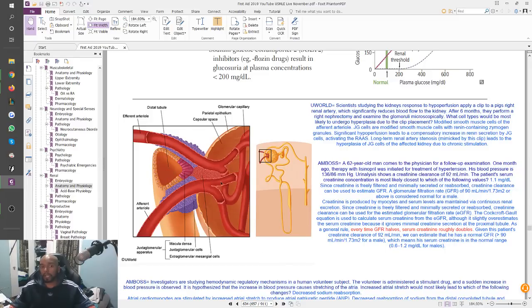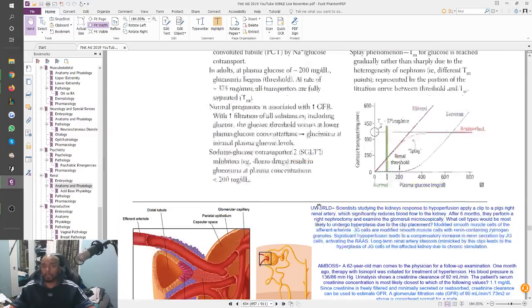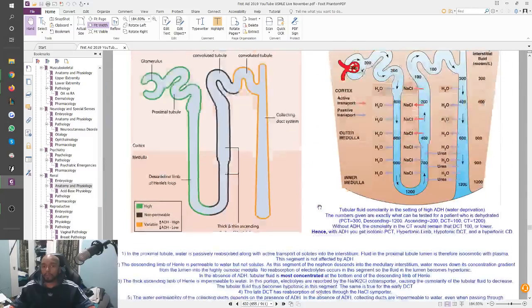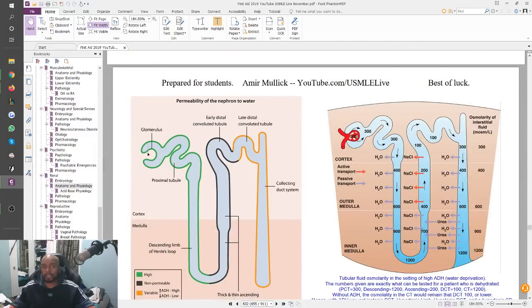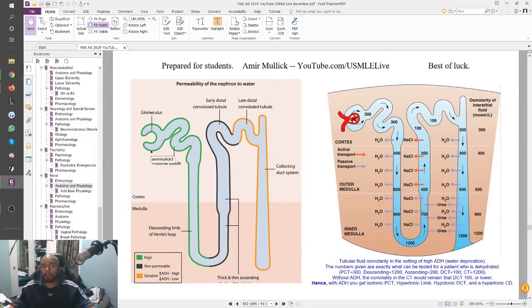So whatever came has already passed the macula densa, but by the time all that stuff reaches the DCT, you can do something about it. And that's what's falling into place right here, right? So whatever was seen here, if you didn't like it and you want to do something about it, you can do something about it by the time it gets here. It gives your body enough time to actually fix things up as necessary.